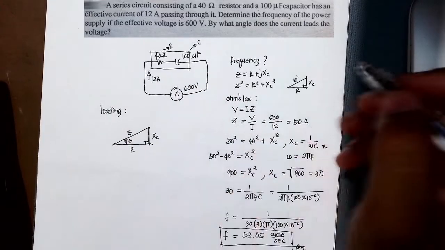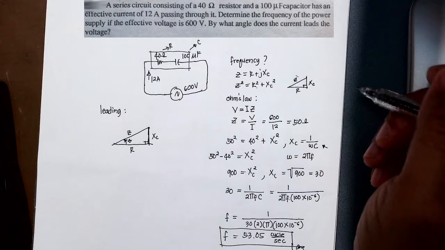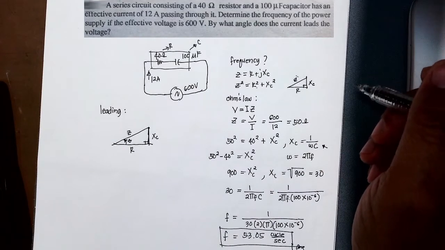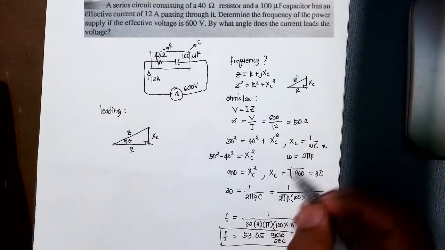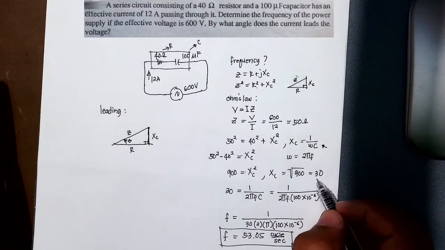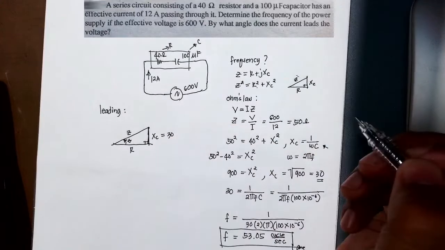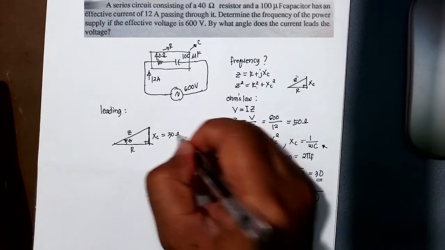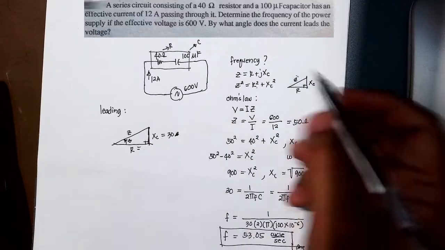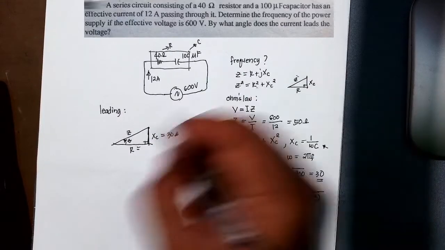Since our X sub C can be computed already, actually it was computed and it gives us 30. The value of XC is 30 ohms, and R is 40 ohms.